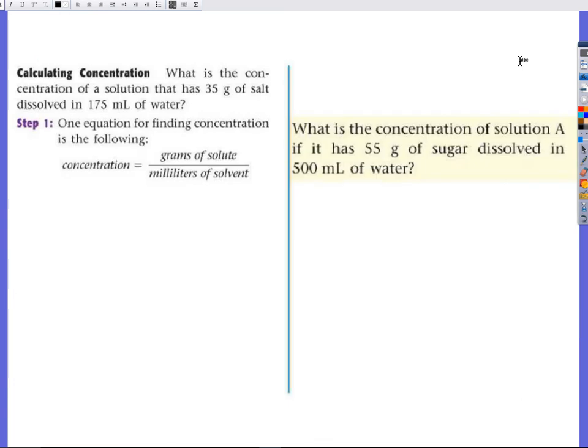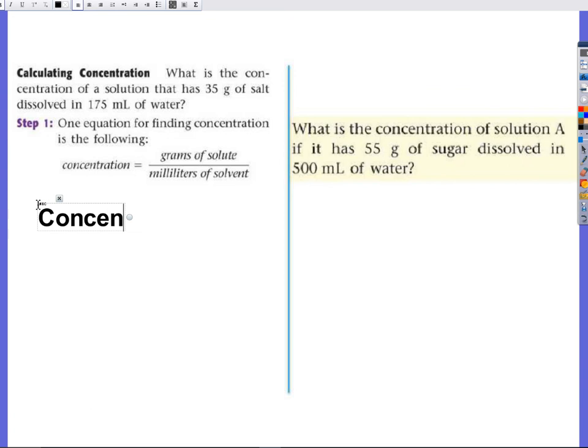When we calculate concentration, you're going to take grams of solute divided by solvent. So your smaller number should always be going first in your equation. So it says, what is the concentration of a solution that is 35 grams of salt dissolved in 175 milliliters of water? So I know that the salt is my solute because it has a smaller number.